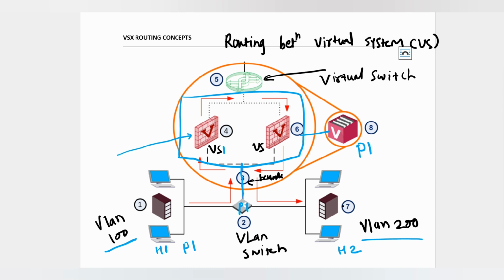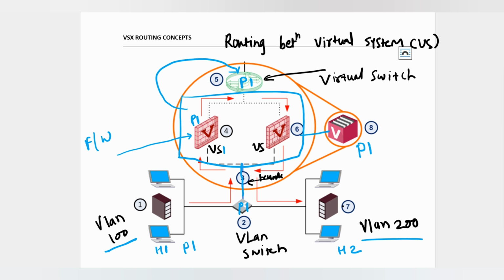Now virtual system 1 does all the firewalling work on this packet. Basically it inspects the traffic according to the security policy and sends this P1 packet to the virtual switch. Now the packet is at the virtual switch.